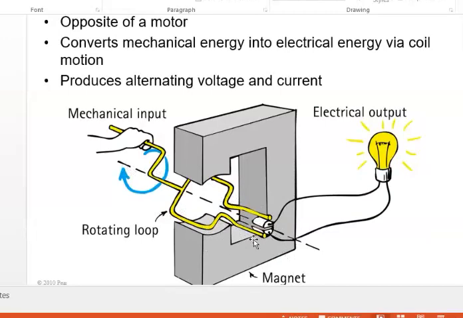You need energy to rotate it, and that energy can be supplied in any form. Here it is supplied manually by your hand. You rotate this coil by applying a force here, then it starts rotating, and you will see that due to rotation this bulb starts glowing, indicating that due to the motion of this coil inside the magnetic field, current gets induced in the coil.